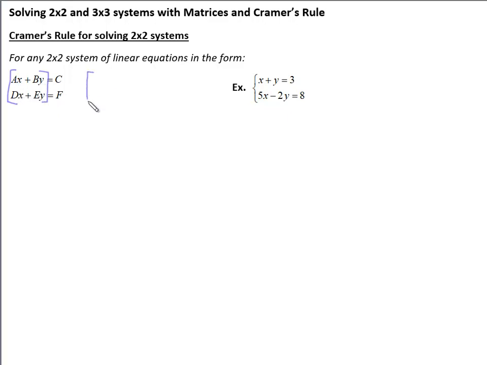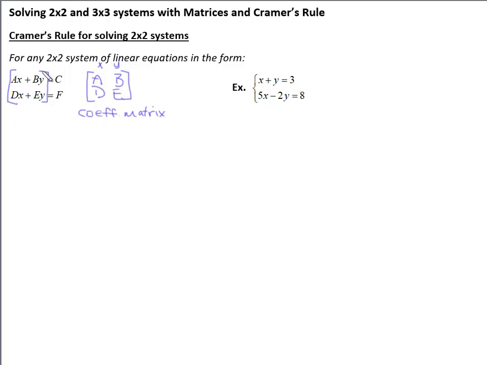If we wrote that out, it would just be the a and b, d, and e. So we ignore the x's and y's, but we have a column that involves our x's and a column for our y's. Okay, so this is called the coefficient matrix.